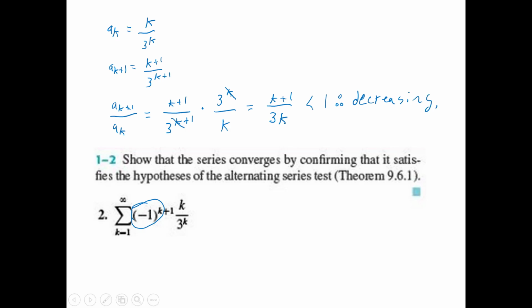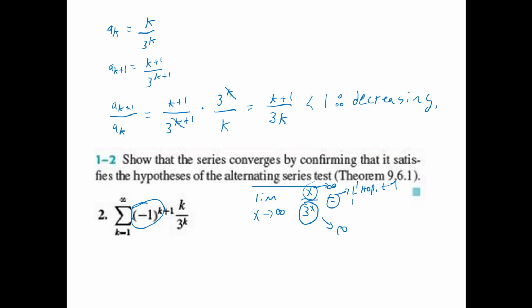It's decreasing, it's alternating. Oh, we also have to show that the terms go to 0. So the limit as x goes off to infinity of x over 3 to the x: this goes to infinity and this goes to infinity, and so then you can use L'Hopital.